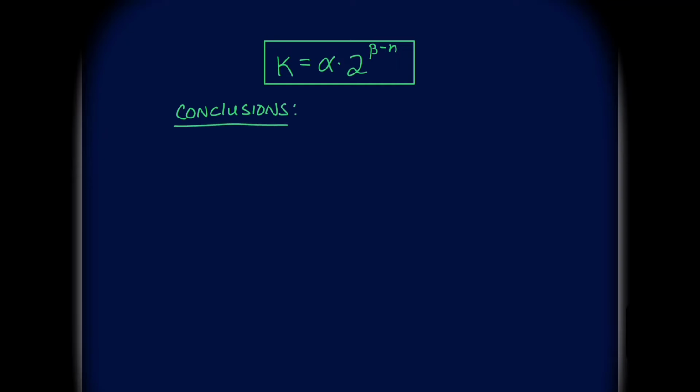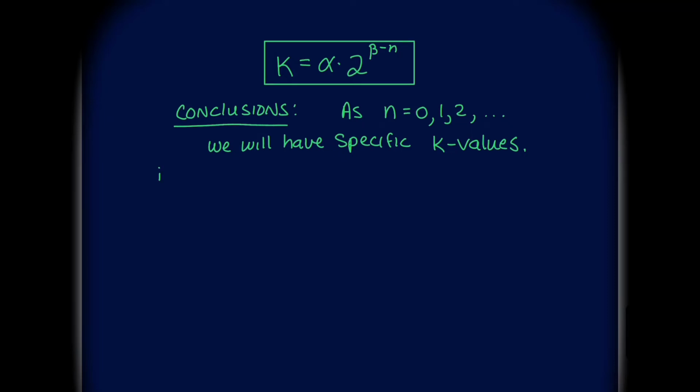Now, we can draw some conclusions from this relationship. As we let n run through the values 0, 1, 2, etc., we will get specific k values. But k must also be an integer. When we're doing a summation like this, k is taken to be an integer.